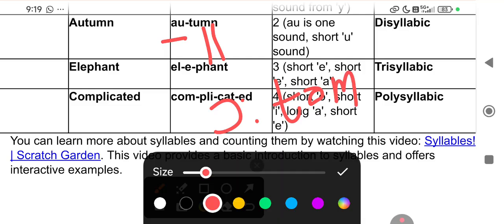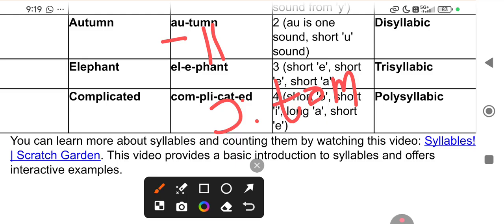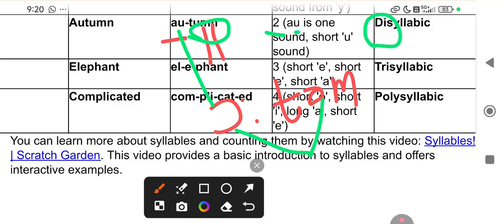How many vowels are there? Two vowels, disyllabic. This one is O, this is aw-tum. That U is another sound, autumn, right?